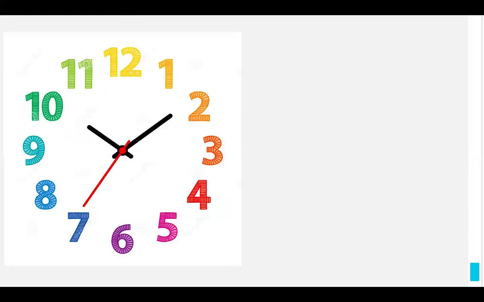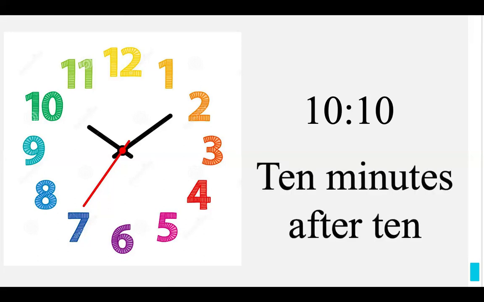Okay, how about this one? The short hand is on the 10, and the long hand is on the 12. Okay, so we can read it as 10 o'clock. But sometimes you will hear it like this: the time is 10 minutes after 10.